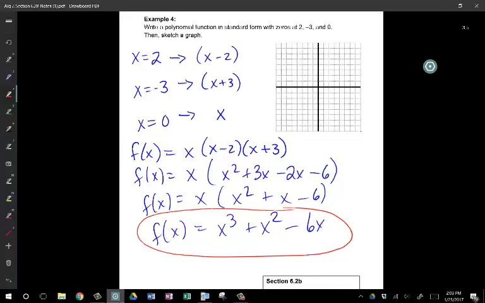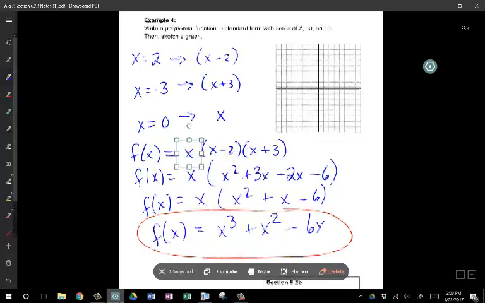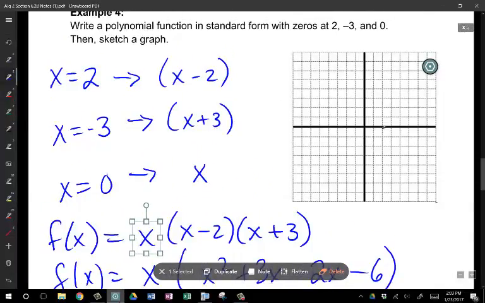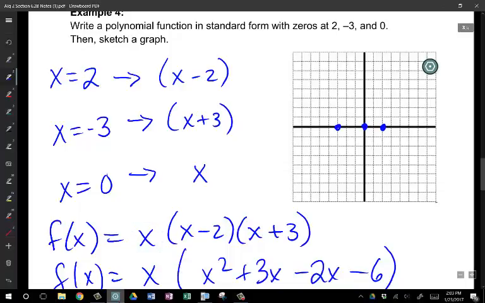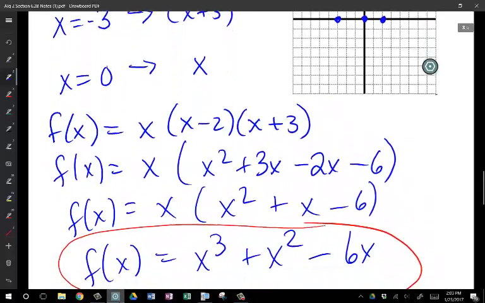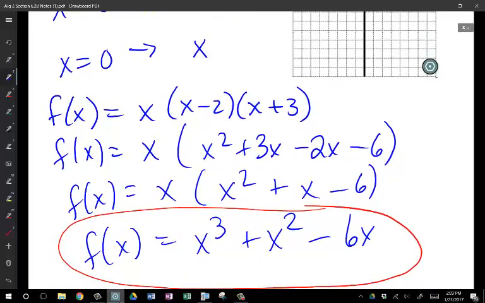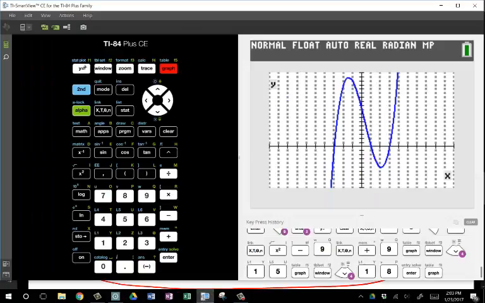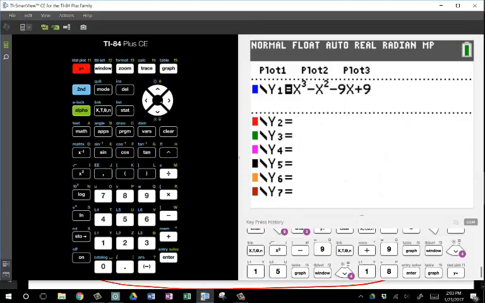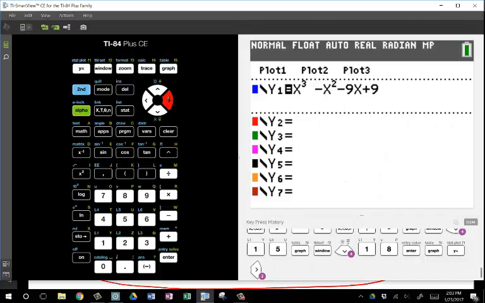Now we're going to do our sketch. So let's go back to our graph. I'm going to put a dot at 2, a dot at 0, a dot at -3. I guess I need to find some relative maxes and some relative mins. So let's go down to our equation, x cubed plus x squared minus 6x. I'm going to put that in. How convenient, we have it almost identically already.